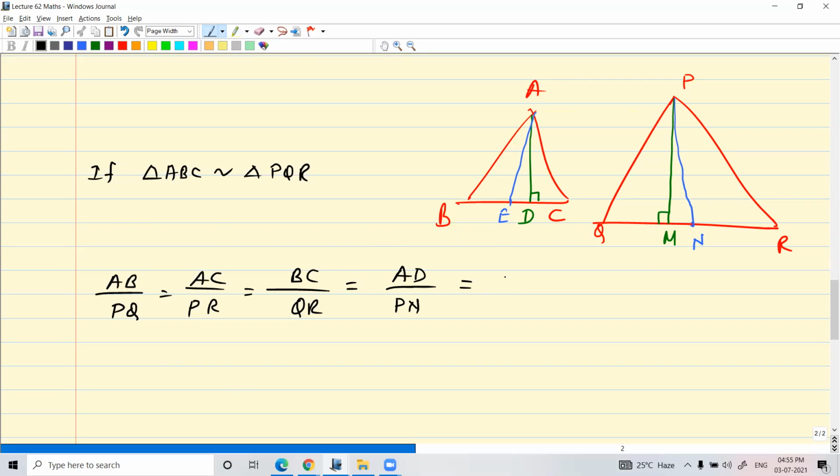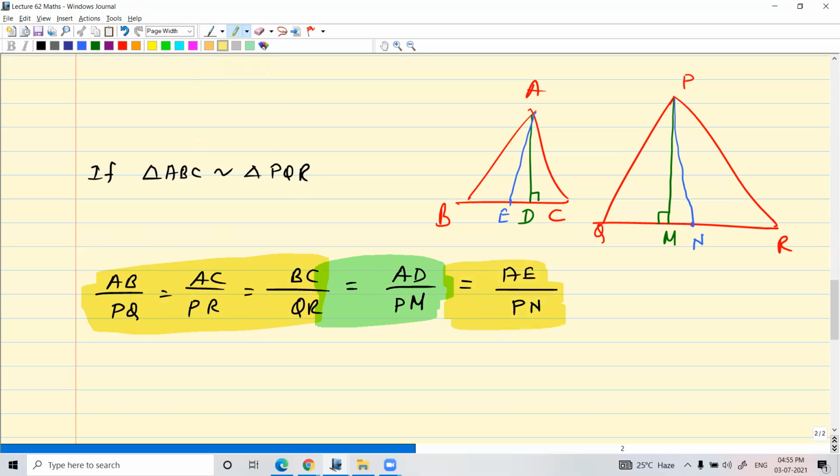AD is the altitude, PM is the altitude, so it will be AD by PM. That's right. It will be AE by PN. So the three sides are in equal ratio. Not only that, the altitude as well as the median, everything is equal.